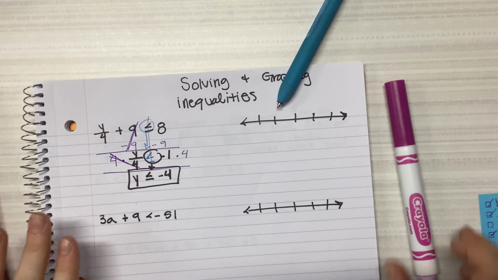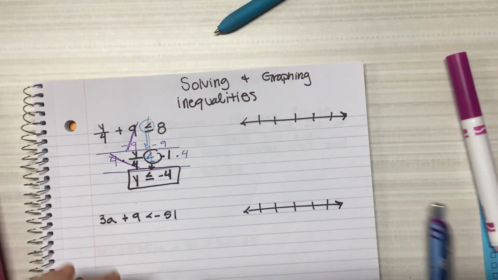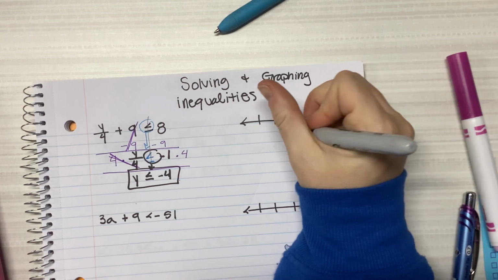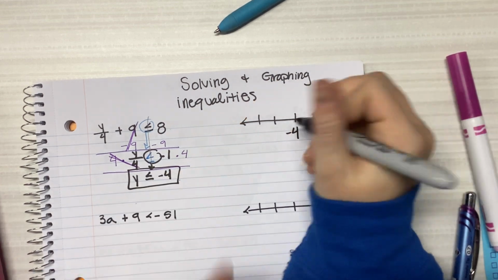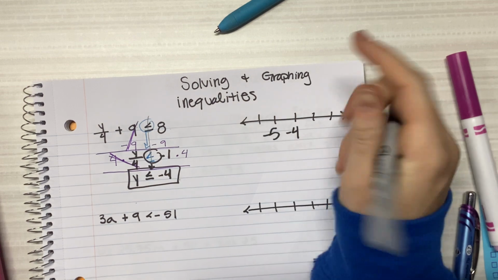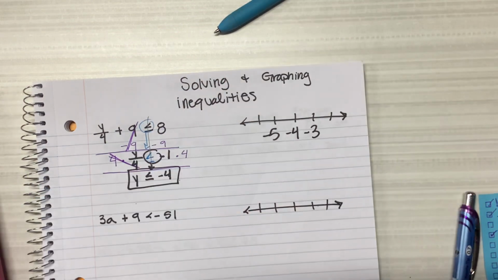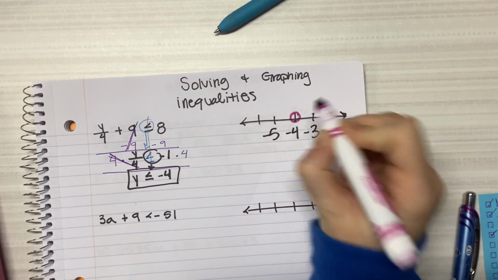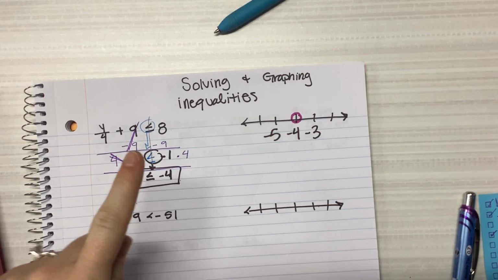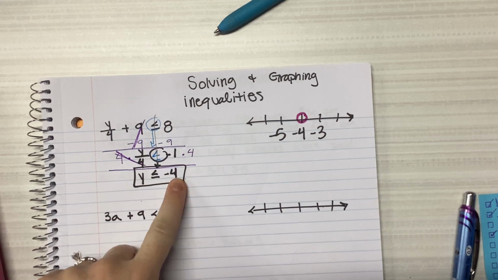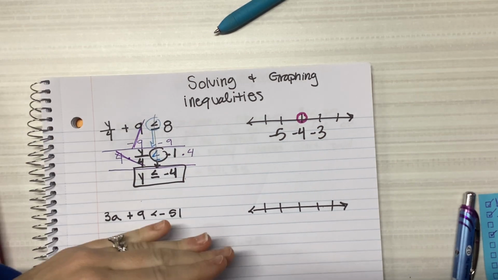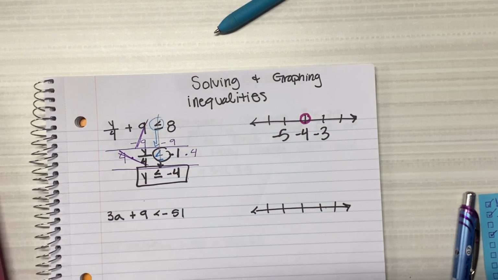To graph that, I label my number, so I'm going to put negative 4 on the number line. I do 1 less than it, negative 5, and 1 more than it, negative 3. I put a circle on the number of my solution. So not this number, right? When we got to the end and we solved it, that number.